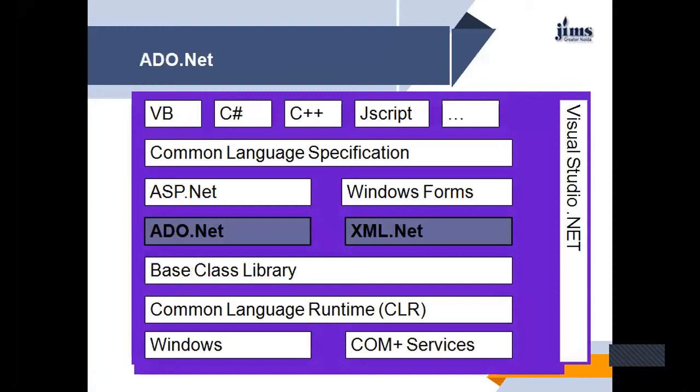They actually interact with ADO.NET and XML.NET. So here, ADO.NET resides. After that, the base class library will be there and the CLR, common language runtime will be there. And after that, the Windows operating system is there.